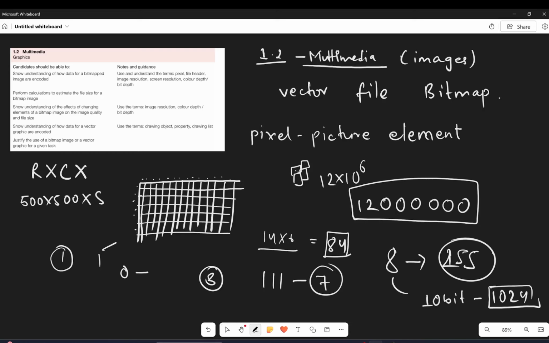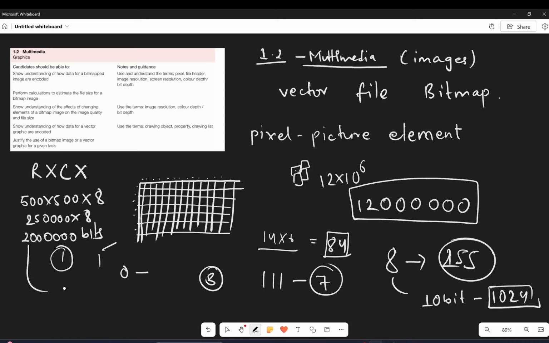So if we use an 8-bit bit depth, we have 500 times 500 times 8, which is 2,000,000 bits.